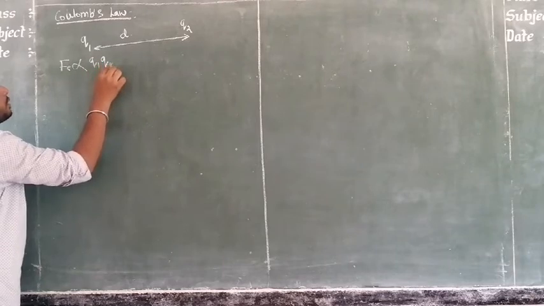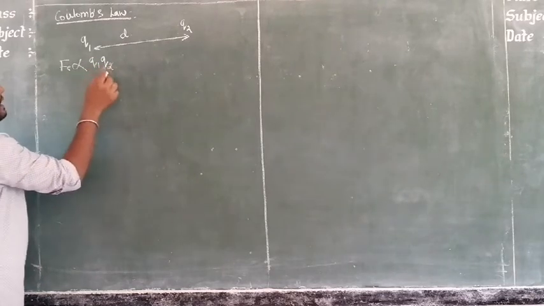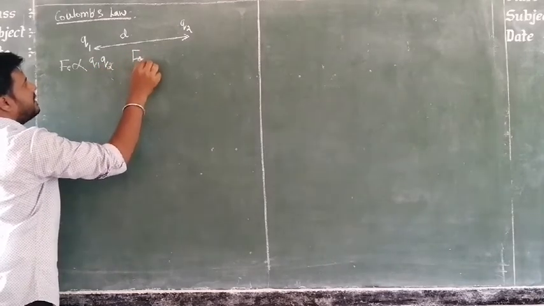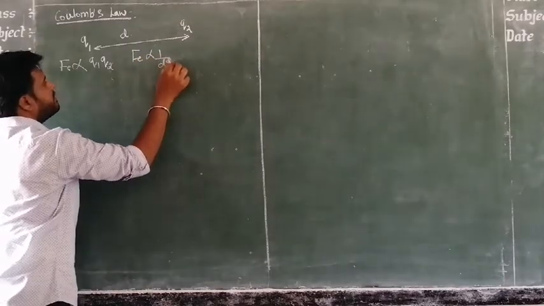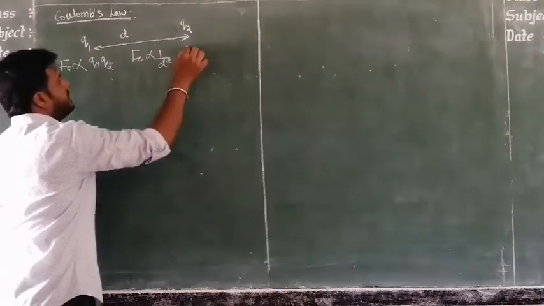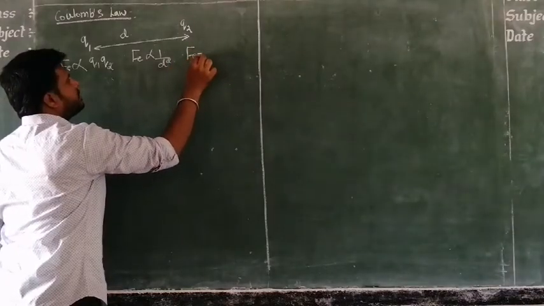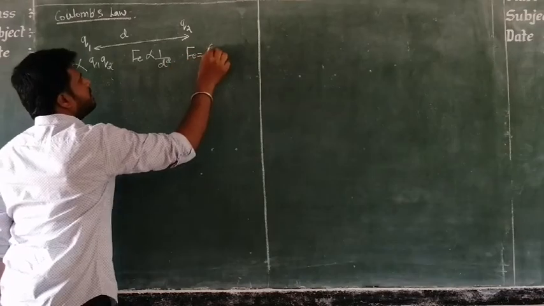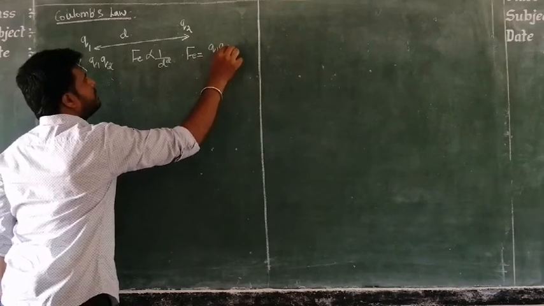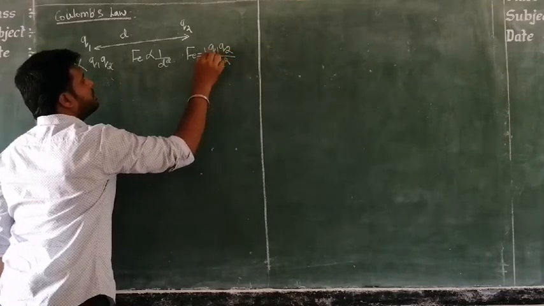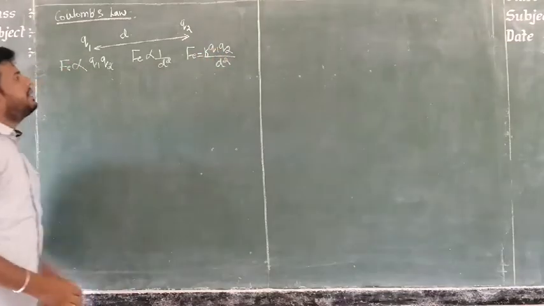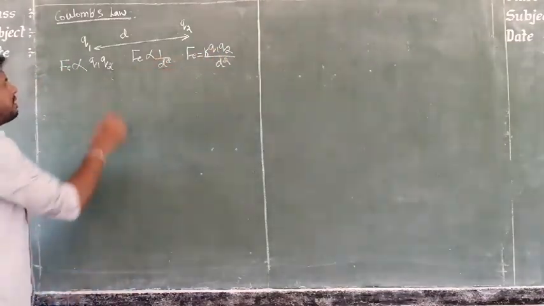directly proportional to the magnitude of the charges, and Fe is inversely proportional to the distance between them. Now we can write Fe equals Q1 Q2 divided by d square into a new term called K. K is a proportionality constant.